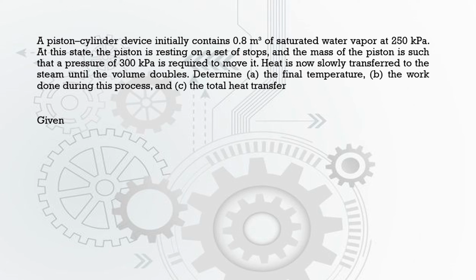The given values are volume equals 0.8 cubic meter, the pressure at saturated vapor at 250 kilopascals, and another pressure equals 300 kilopascals. We need to apply the first law of energy balance to the system to determine the temperature.